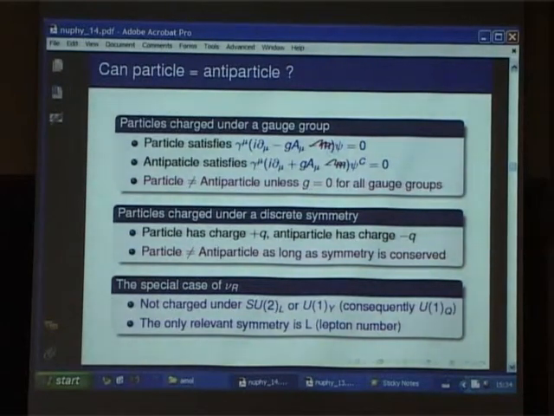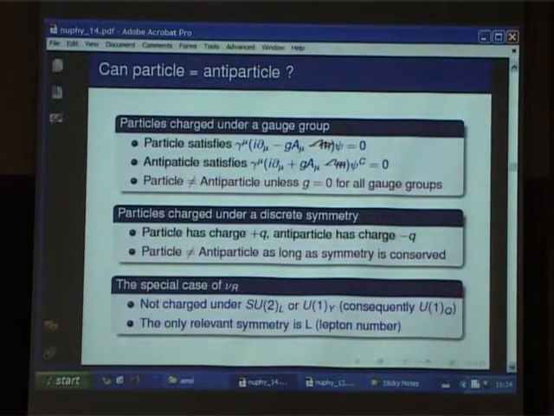So now look at these two equations. The top equation has del mu minus g A mu, but g is 0 in all the cases. So it just satisfies gamma mu i del mu psi equal to 0. But nu R bar, the antiparticle, the complex conjugate, will also satisfy this condition because g is 0.